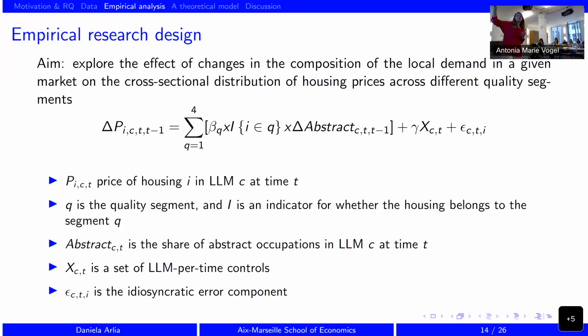Then I have a set of controls, and here I'm using the logarithmic change in prices over time for housing i in local labor market c at time t.